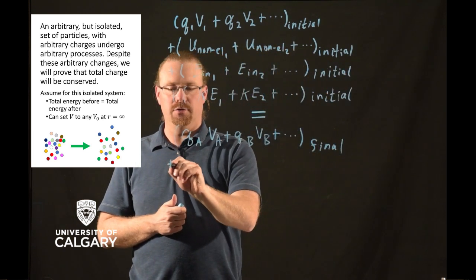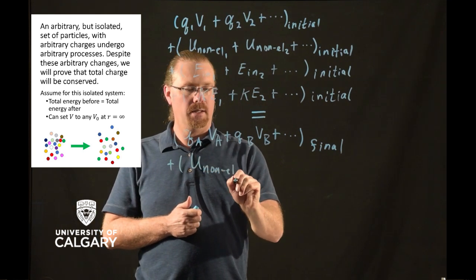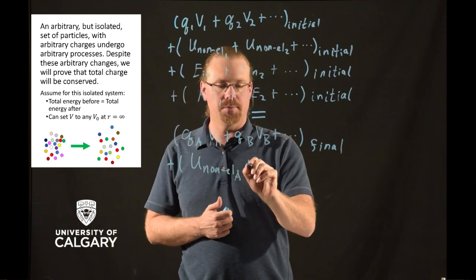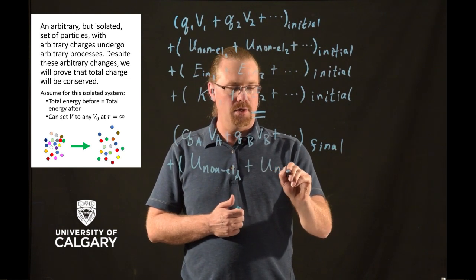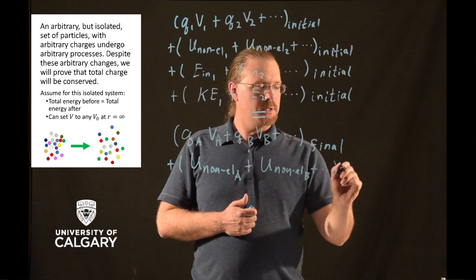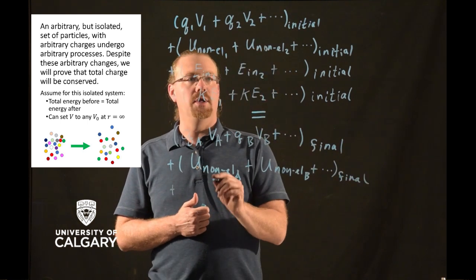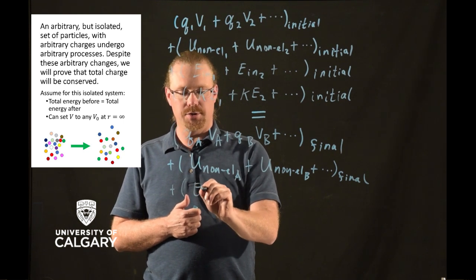So we could also have some non-electric potential energy, once again with the A, because it's particle A, non-electric B, and so forth. And then we can have our internal energies.